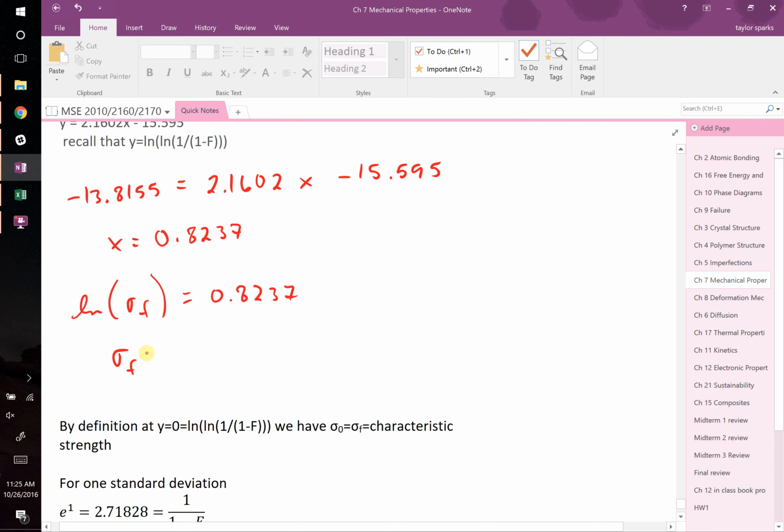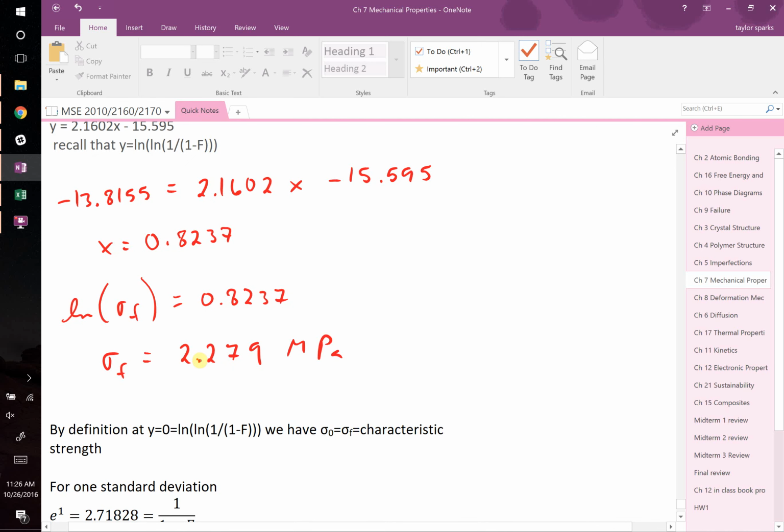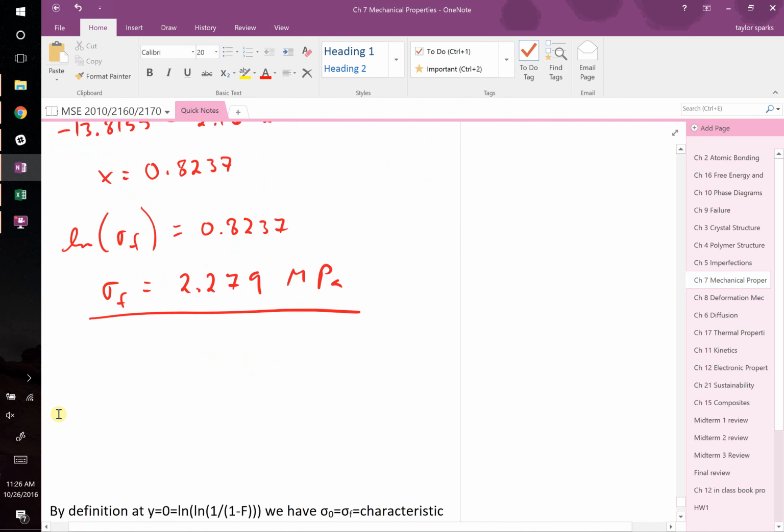Therefore, the strength at which 1 in a million samples will fail is equal to exponential of this term, 2.279, right? So basically, if you really want 1 in a million samples to fail, and you can't have any more than that, then for our blue data set, which was the stronger one, you can't go above that stress, right? Or technically, you're going to have more than 1 sample in a million fail.